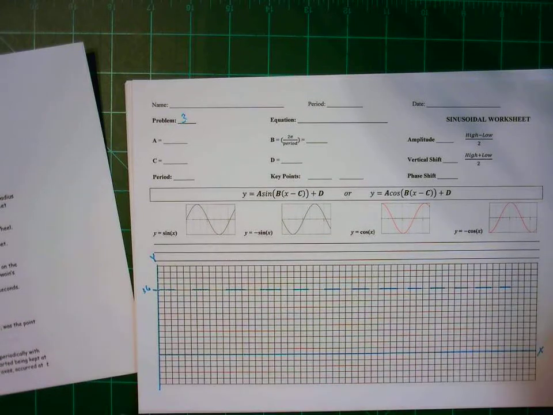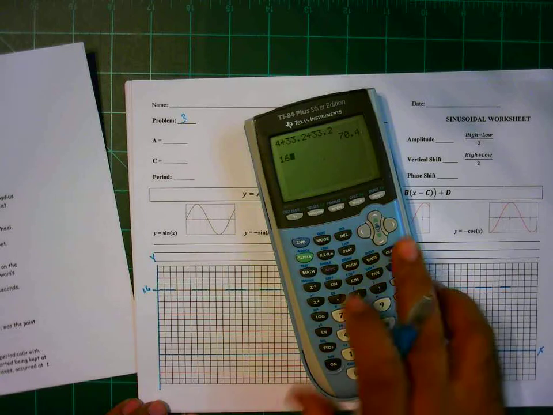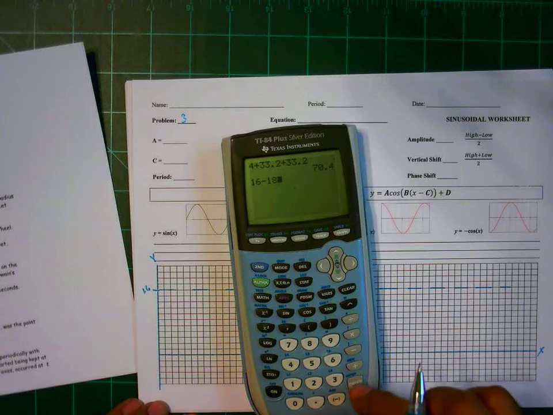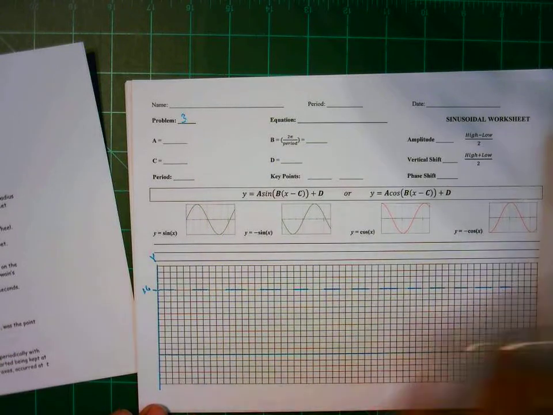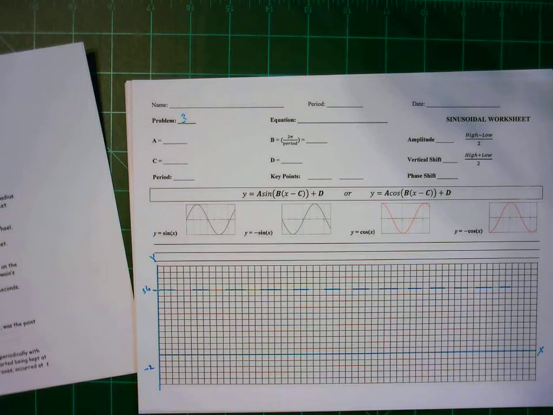Now to get to the low point, I have to take 16 minus the diameter of the wheel. Well, the diameter of the wheel was 18, so my low point is going to be at -2. This is -2.